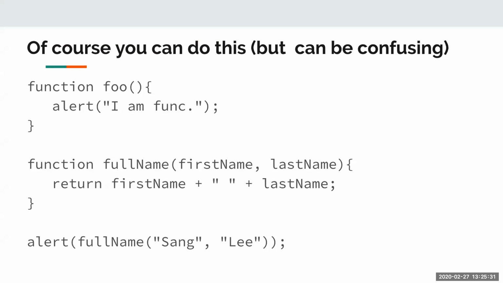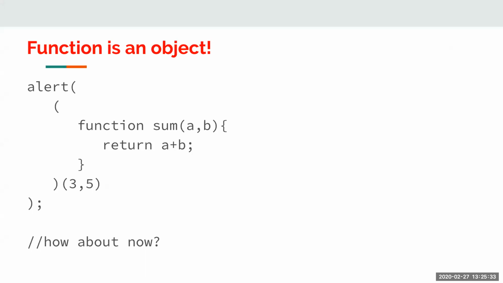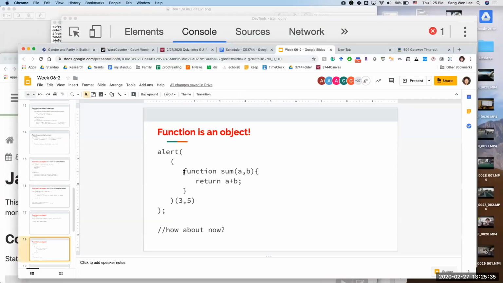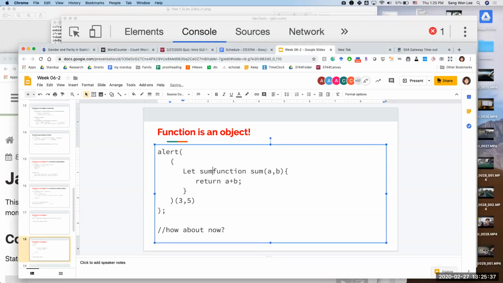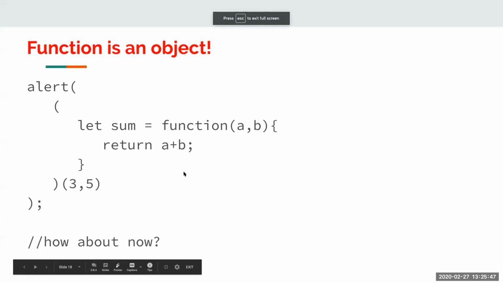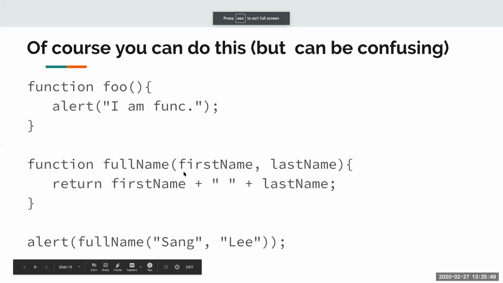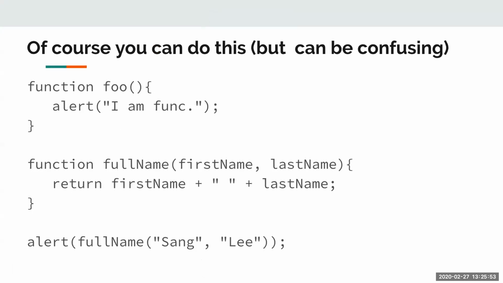So now, again, I made the same mistake. Up to this point, this is the only way to declare a function. And I should tell you that you can do it another way, in a more sensible way, where you put function and function name and parameters.